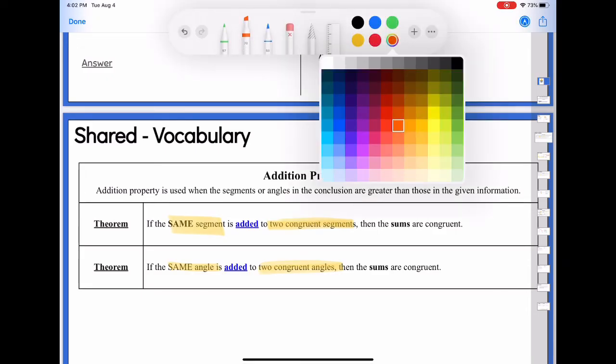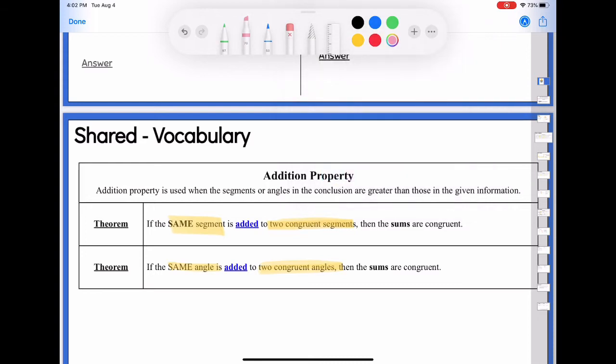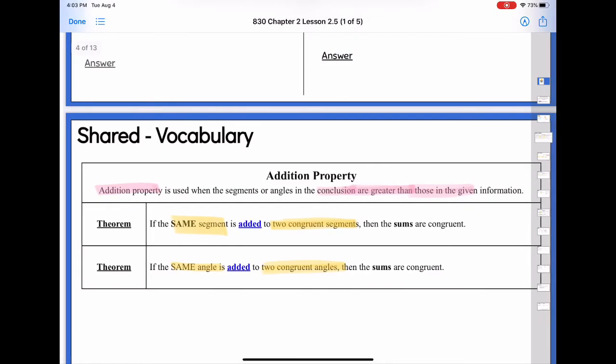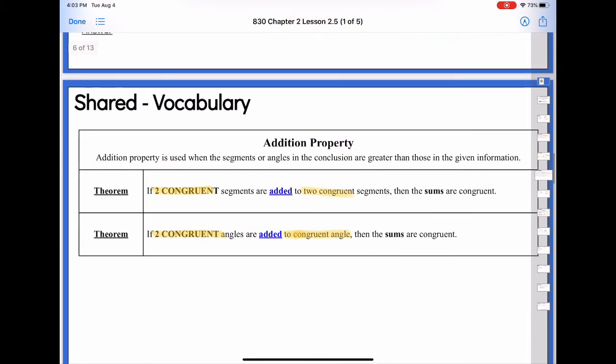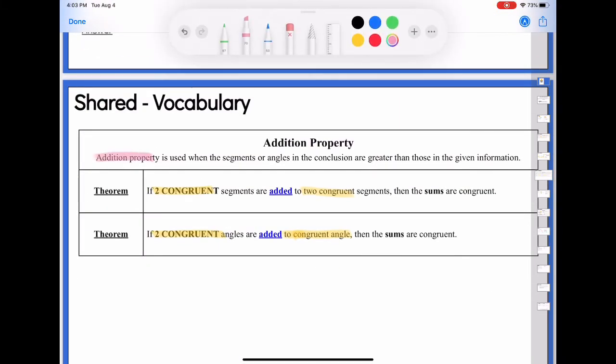Up here at the top, it says that the addition property is used when segments or angles in the conclusion are greater than those in the given. So if things are getting bigger, you need to be using the addition property. I wrote it here as well, just so that you have it: addition property, if the conclusions are greater than the givens, right?